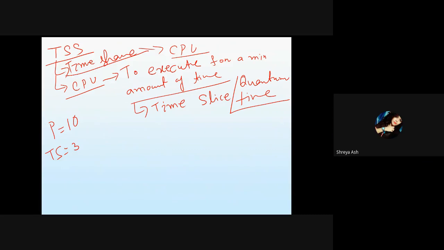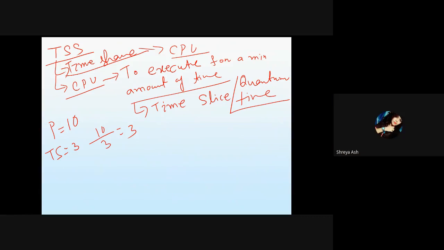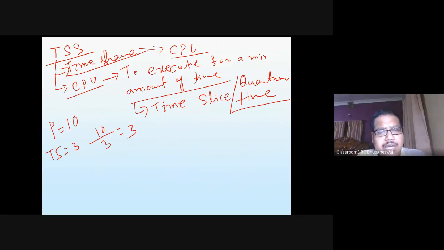Definitely you can say, sir, 10 by 3, so I will go for 3 units of time each. Even then I am attending only 9 units of time, so some task of P is left out. That left-out time is 1 unit. So here the time slice is 3.